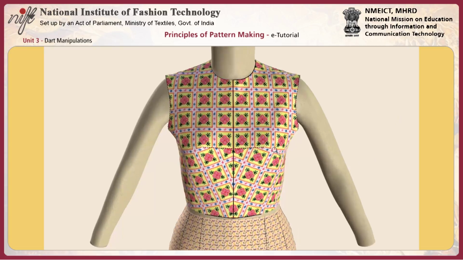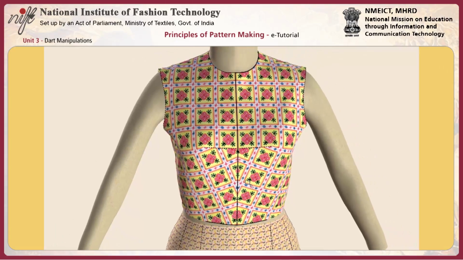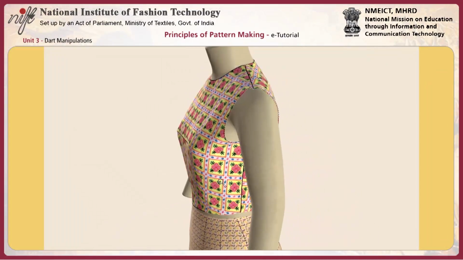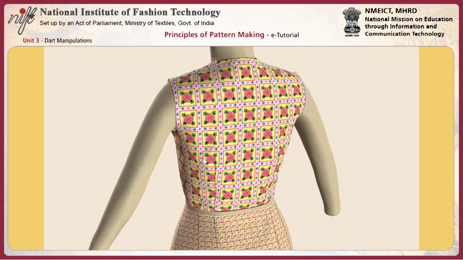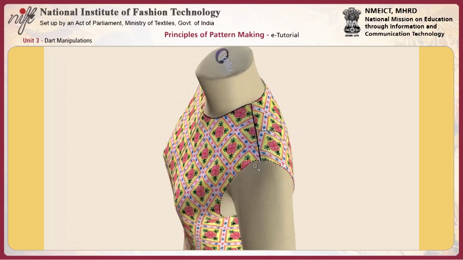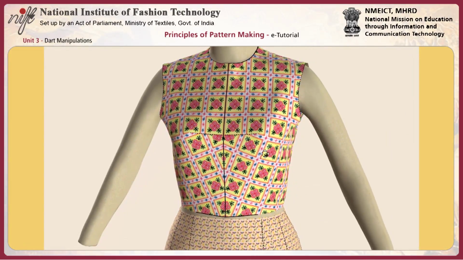The given garment design has a horizontal center front bust line dot in the front bodies and shoulder dot, waist dot in the back bodies. The center front bust line dot extends from center front to bust point in the bust level.